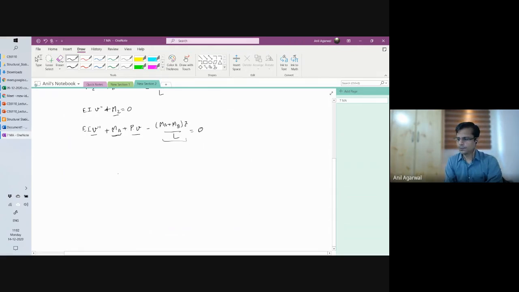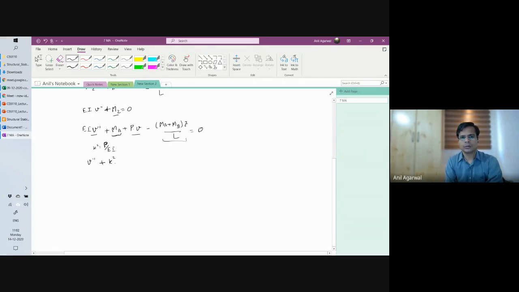So let me write that in the form that you are familiar with. V double prime plus, I can write P divided by EI, I'll call it k square. So k square is nothing but P divided by EI.